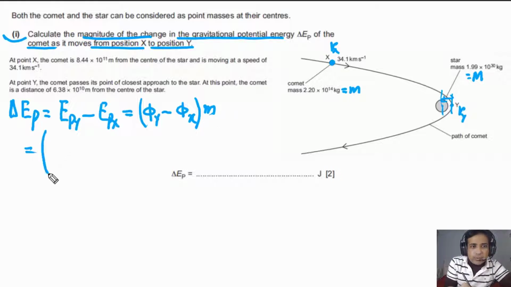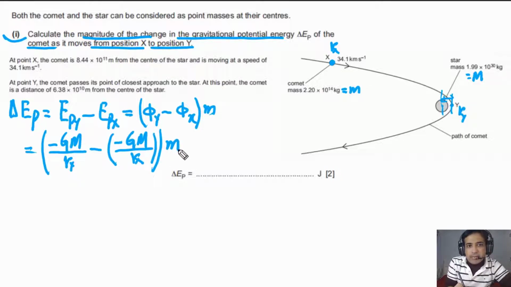Now we can write potential at point y, that will be equal to negative GM, the mass of the star, divided by distance from the center of the star, Ry, minus, and we have also minus sign here because potential is negative, GM divided by Rx. Multiply this by mass of comet. Now we can further simplify this.